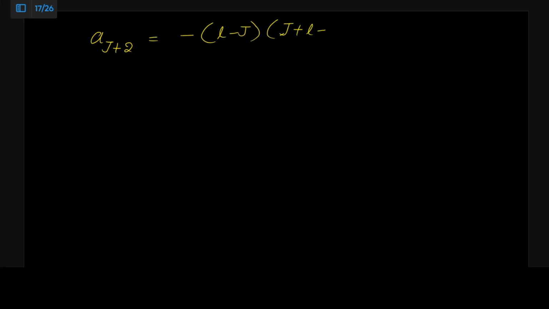So on rewriting, I'll get a j plus 2 as minus L minus j of j plus L plus 1 whole divided by j plus 2 into j plus 1 into aj.